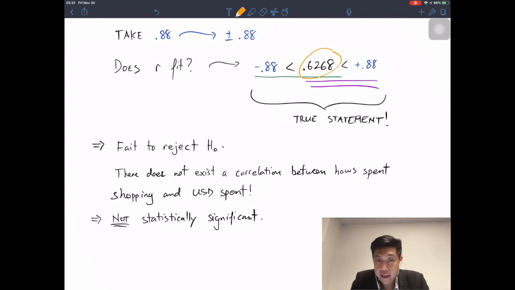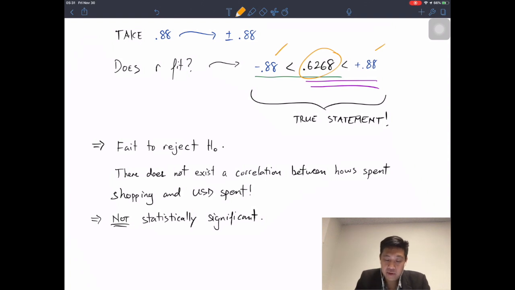You're going to have a different R calculation, you're going to have different degrees of freedom because your sample size is going to be different, whatever the case may be. But the idea is that, does the black number fit between the two blue numbers right here? In this case, it does. If it does, that means it falls in our area of acceptance, or region of acceptance. So this is expected to happen. Since it's expected to happen, it's nothing significant.